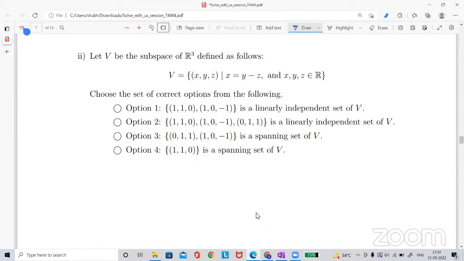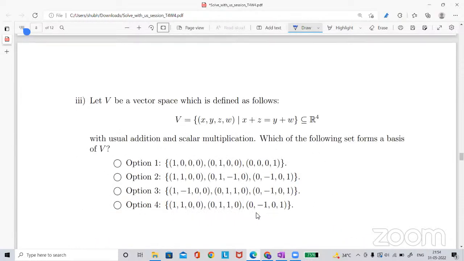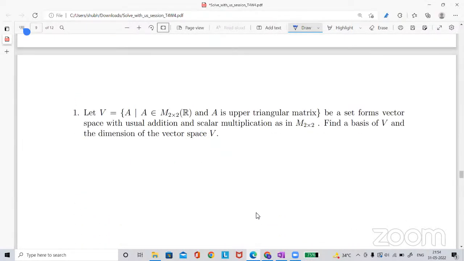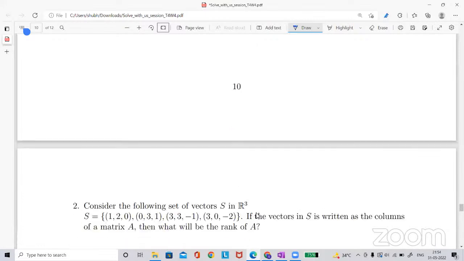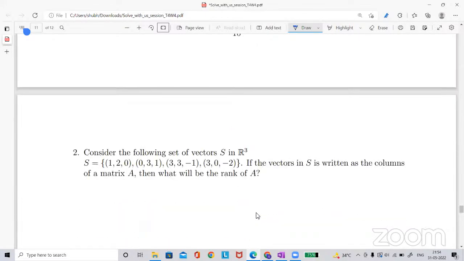Can I ask one doubt about the rank of a matrix? Sir, do the columns present in the matrix have any significance with respect to the rank, or is it only the non-zero rows that matter? Actually, working with the rows is enough, but column space and row space are two different things.